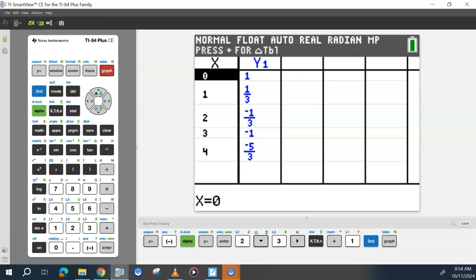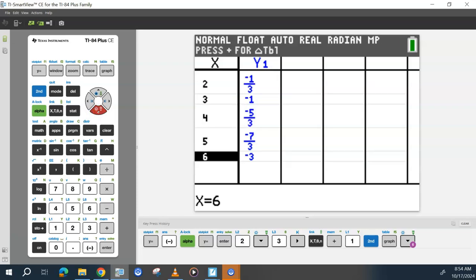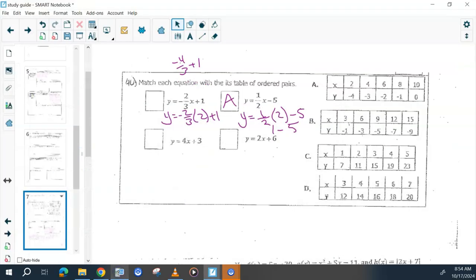Well, the x value for b is 3, so if I go to 3, the y value should be negative 1. Okay, that one worked. I just want to double check another one. When x is 6, y is negative 3. So for that first one, that answer would be B, because that matched.